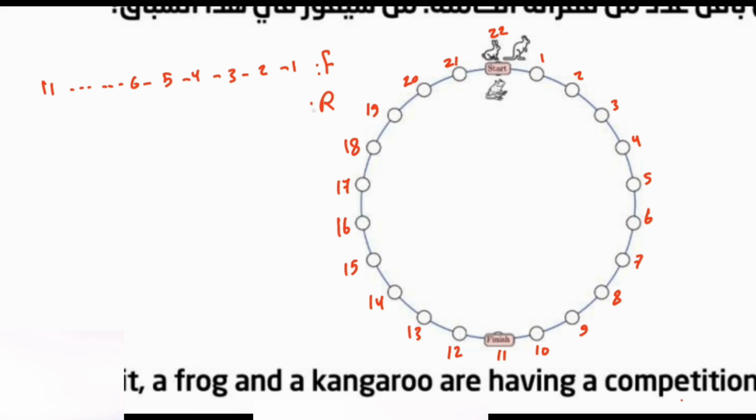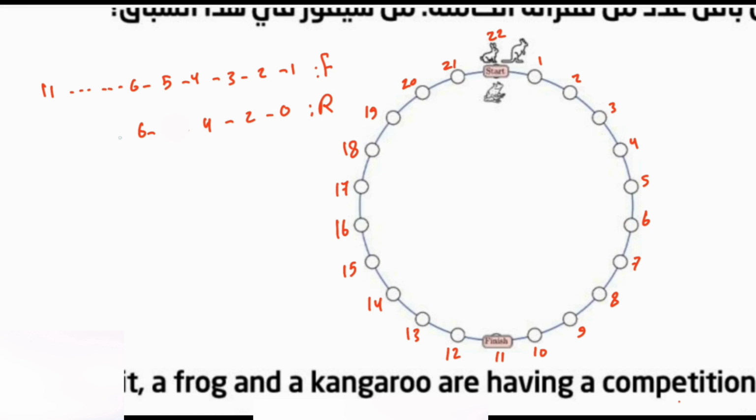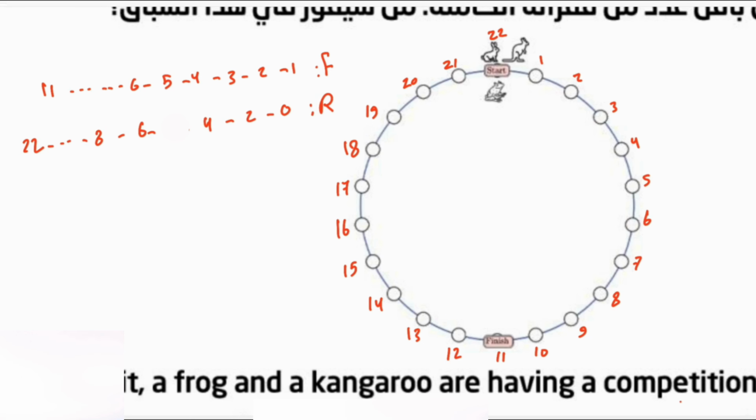For the rabbit, he will start from 0 to 2, 4, 6, 8, and so on until he reaches 22, and then we'll repeat again 2, 4, 6, and so on. So it will never reach the finish point because all the time he is stepping through the even numbers.